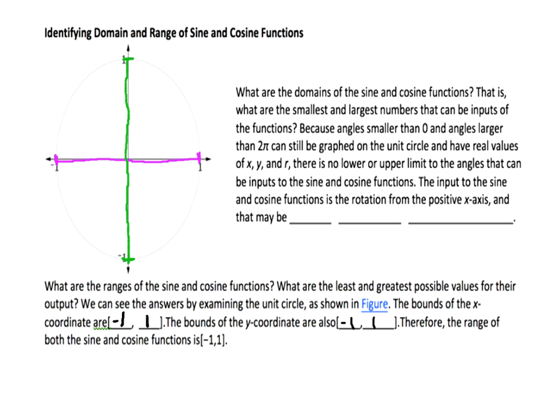The input into sine and cosine is the rotation from the positive x-axis. So let me repeat this. The input to the sine and the cosine functions is simply a rotation from the positive x-axis. You can move through the circle as many times as you want to. So that constitutes any real number.